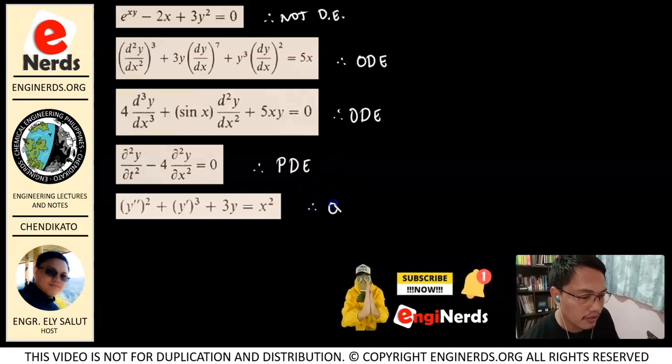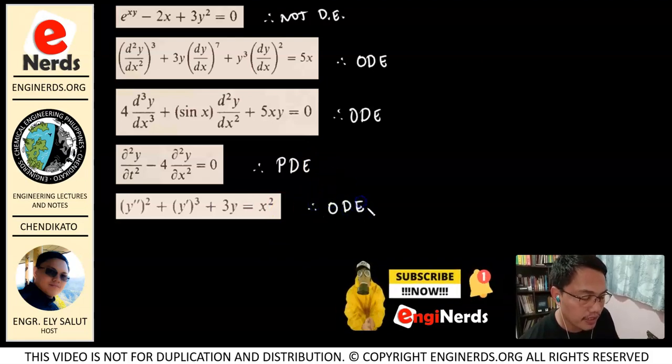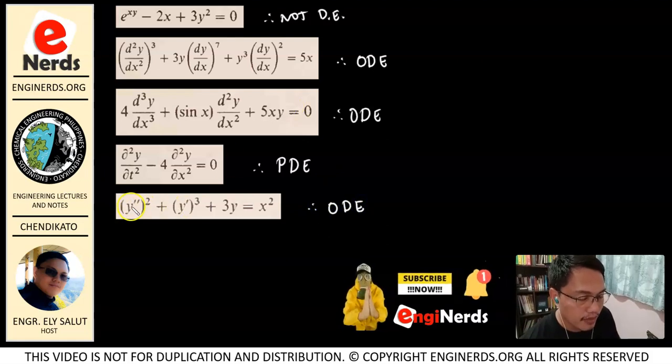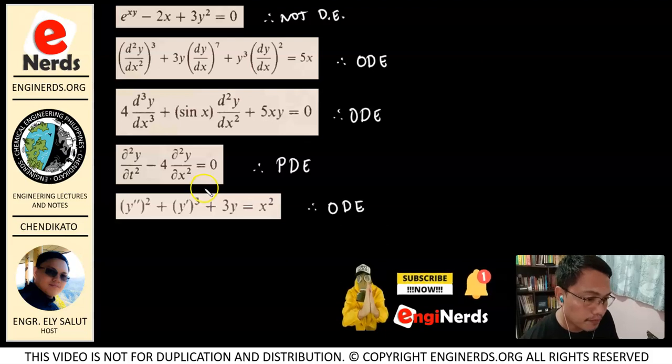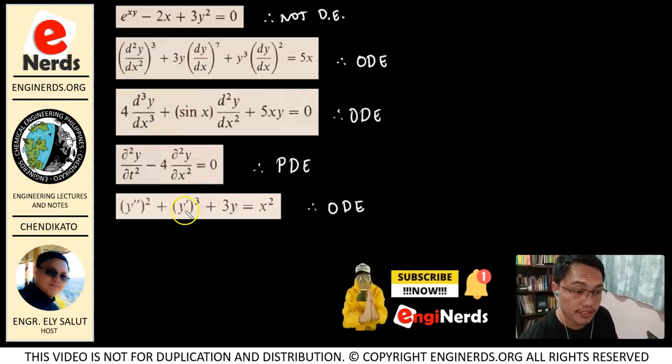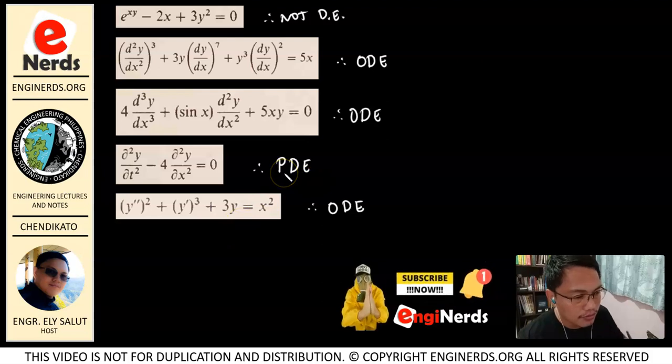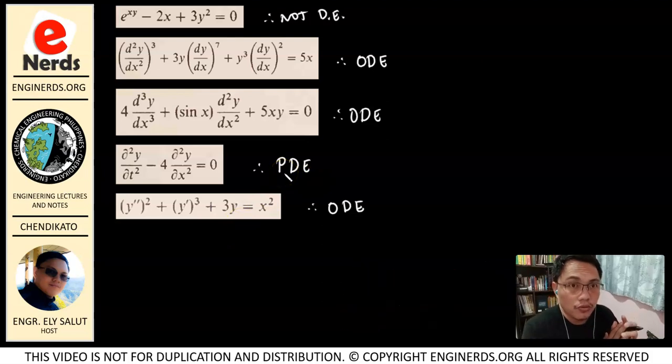This is an ordinary differential equation because our function here is dependent on only one independent variable, which is x, because our derivatives here are dy over dx.